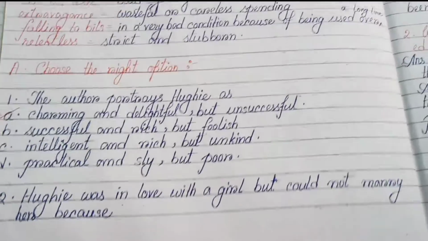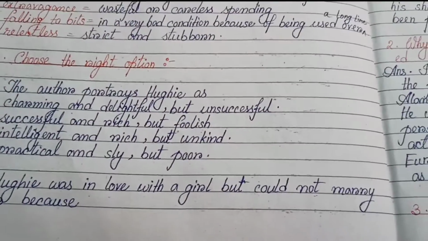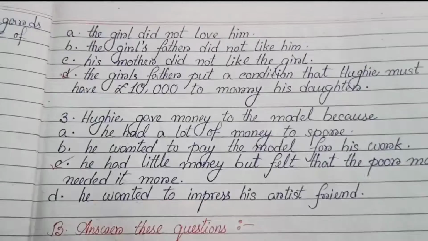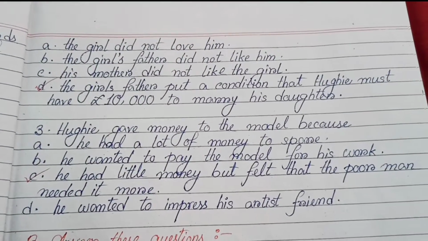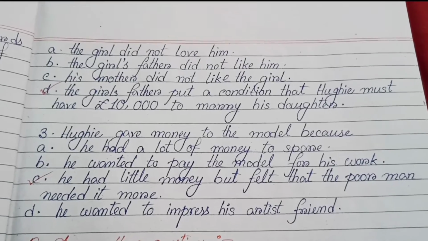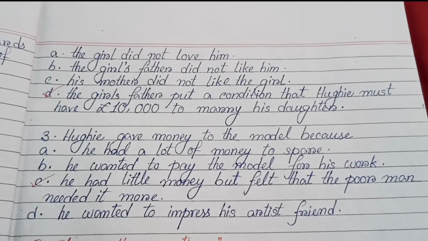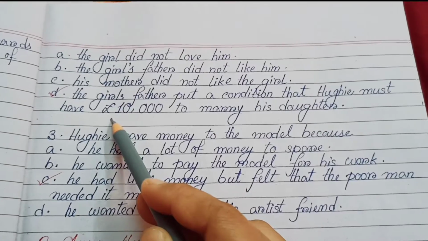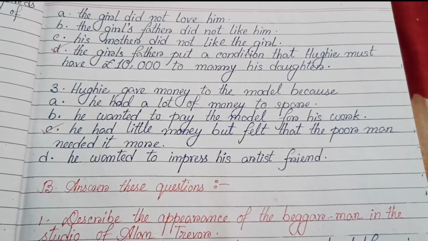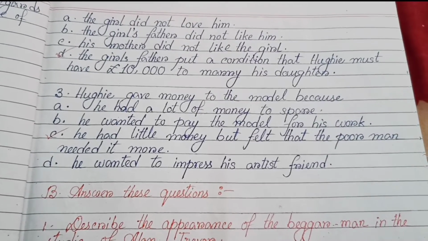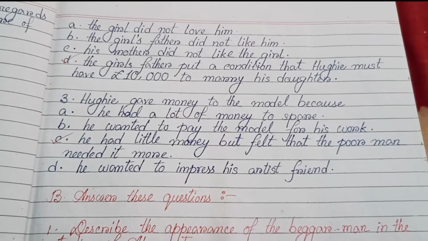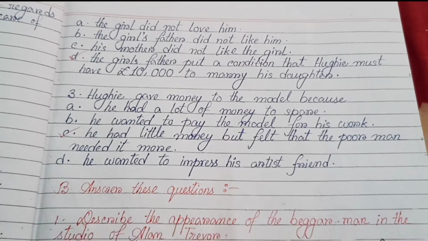Number 2, Hughie was in love with a girl but could not marry her because, the answer is number D, the girl's father put a condition that Hughie must have 10,000 pounds to marry his daughter. Number 3, Hughie gave money to the model because, answer is number C, he had little money but felt that the poor man needed it more.